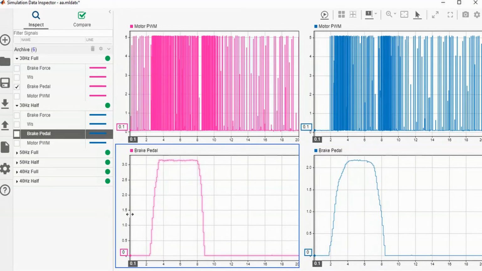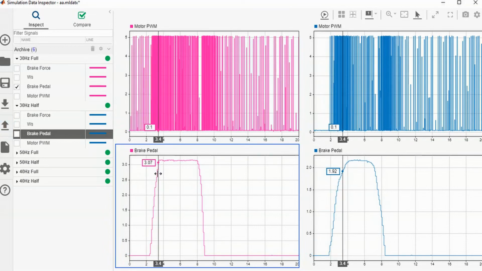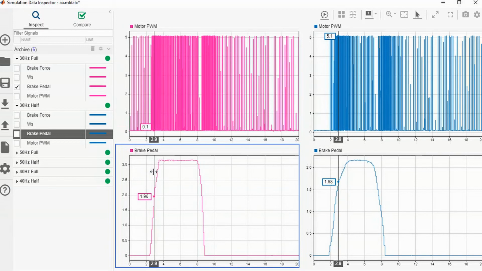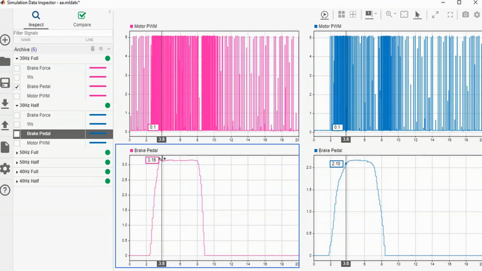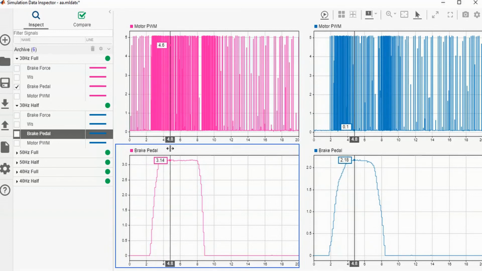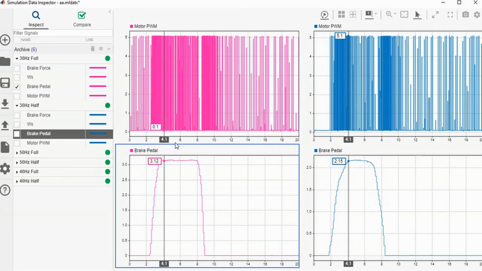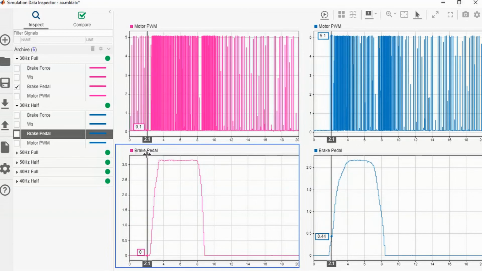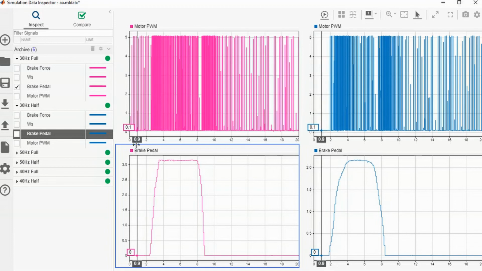For the full press, based on the graph, when the brake pedal is being pressed, the value of PWM is increasing. As you can see here, the distance of the amplitude is closer than the PWM value at the initial condition.